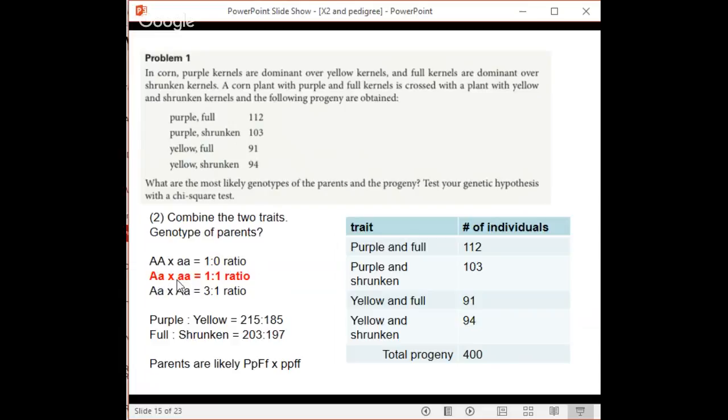But when we cross a heterozygote and a homozygous recessive, it's a 1-to-1 ratio. So in that table we saw earlier, our ratio of purple to yellow is 215 to 185, and full to shrunken is 203 to 197. So our parents are likely a heterozygote and then a homozygous recessive.